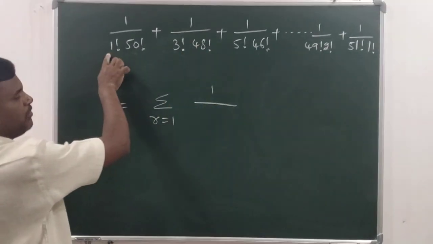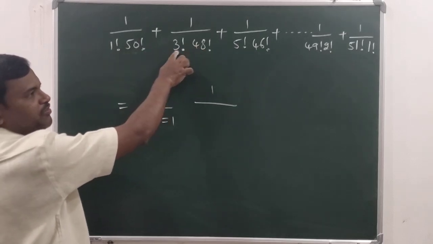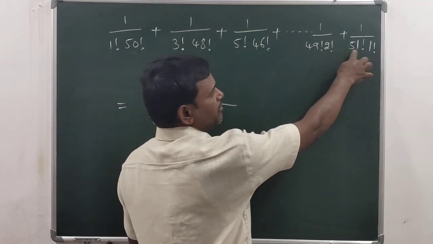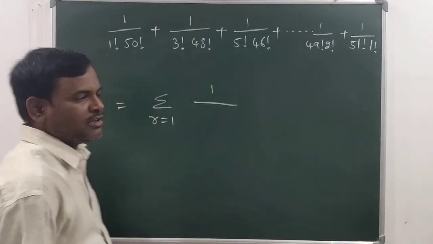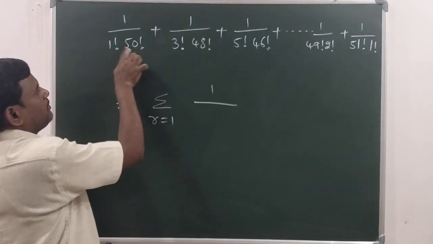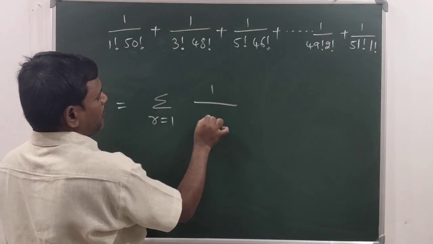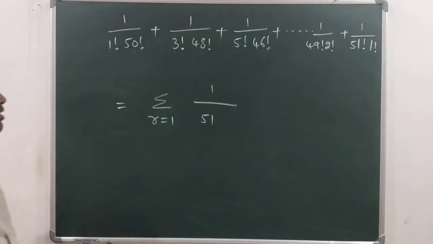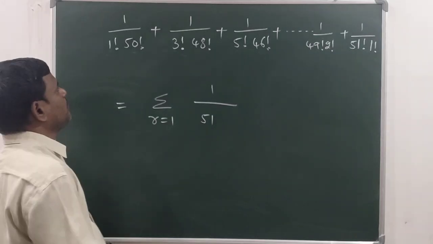What you are observing? 50 plus 1, 51. 48 plus 3, 51. 46 plus 5, 51. 49 plus 2, 51. 51 plus 1, 51. So, here 51 minus 51.